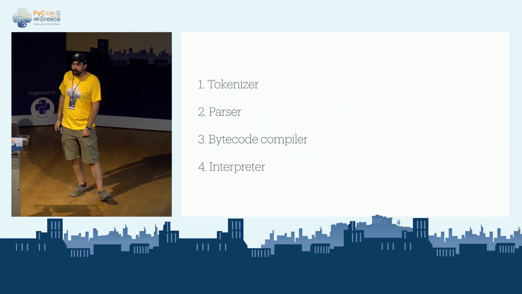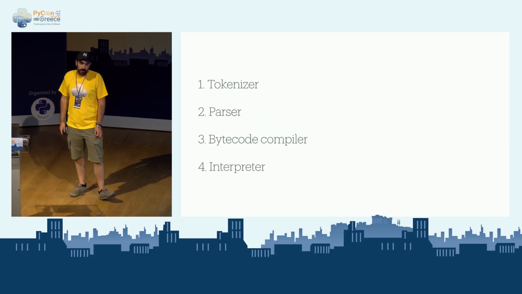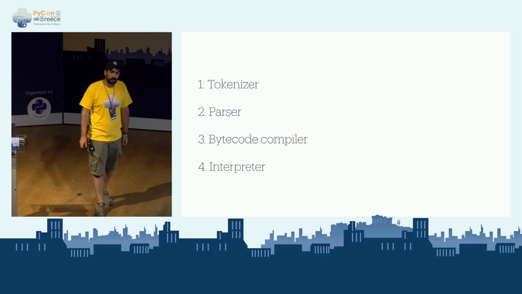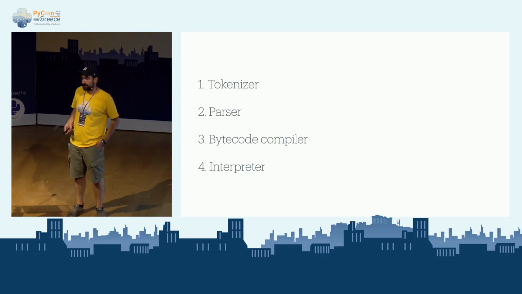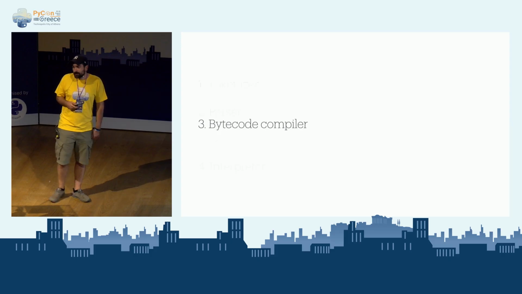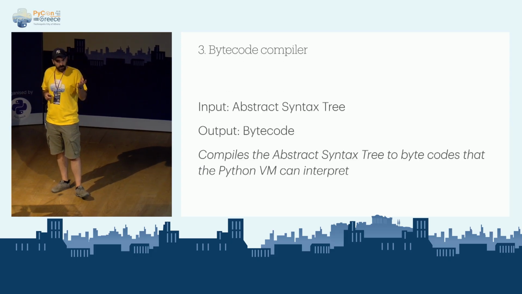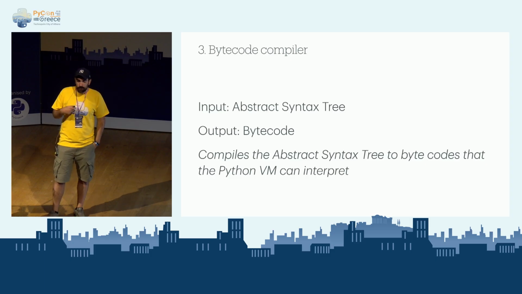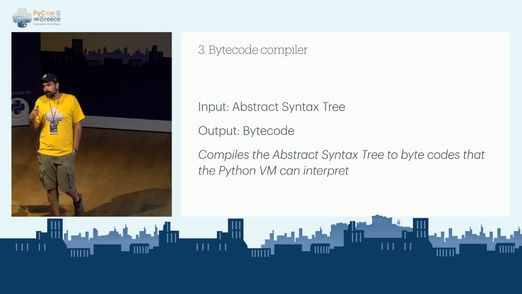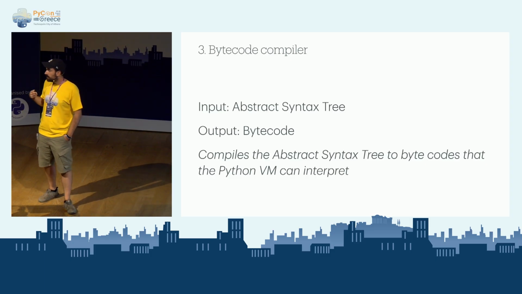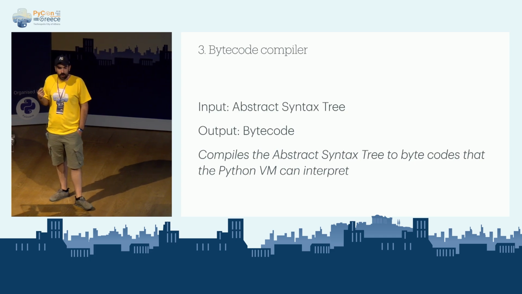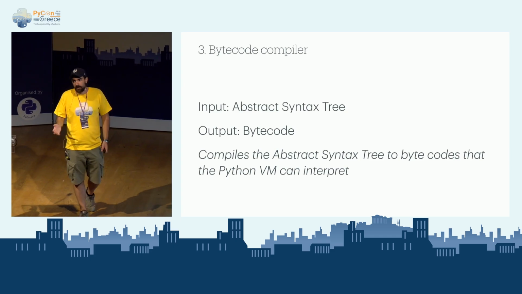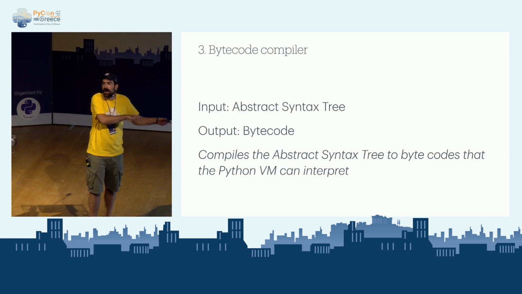The third step in this compiler dance is the bytecode compiler. The bytecode compiler takes the abstract syntax tree, the syntax tree we talked about before, and produces bytecode. And you can think of bytecode as machine code, but not for the CPU, but for the Python CPU.